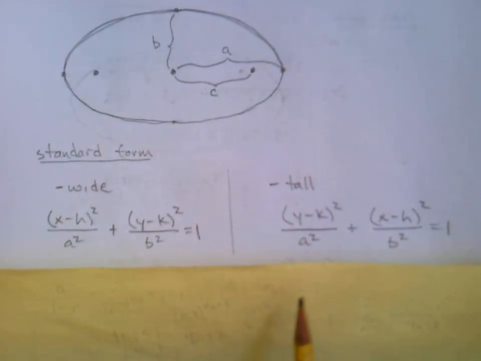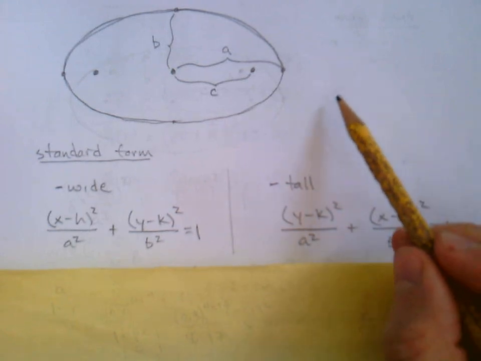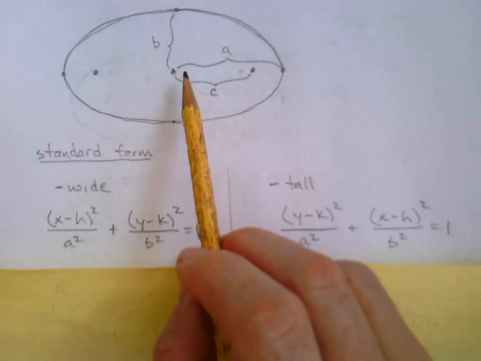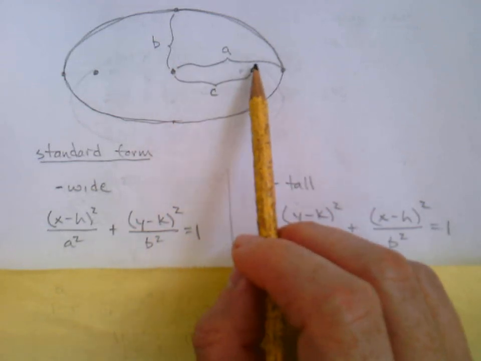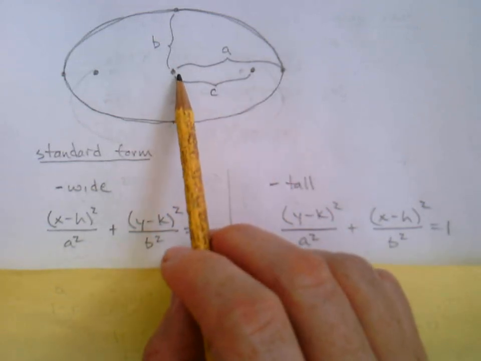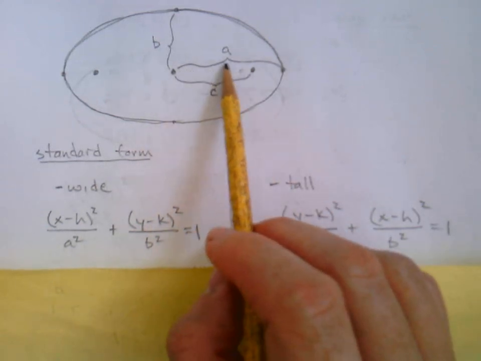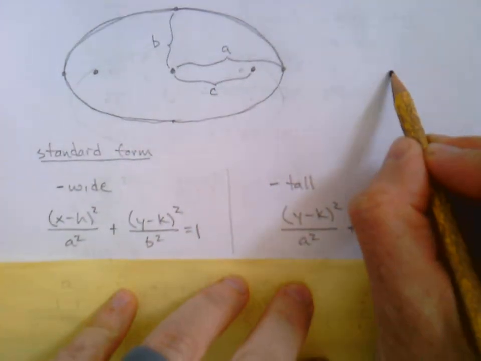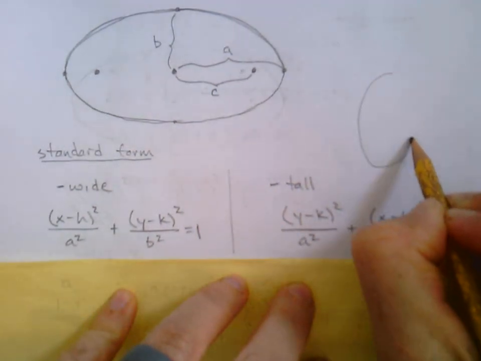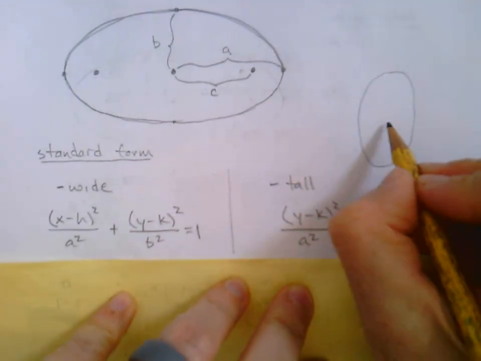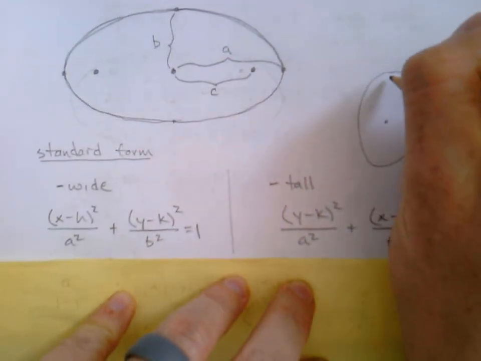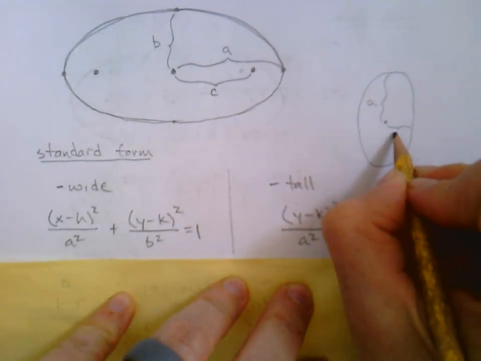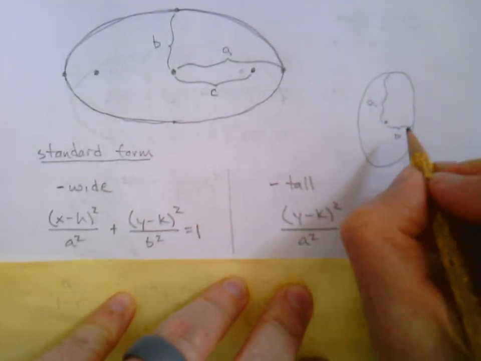If you have an ellipse that is more tall, we think of A as always being the longer of the two. So here I put A going horizontally and B going vertically. But if it was more tall, we might as well just draw it something like that. There's the center. Then we're going to think of this as A and this as B. So A is always the larger value.